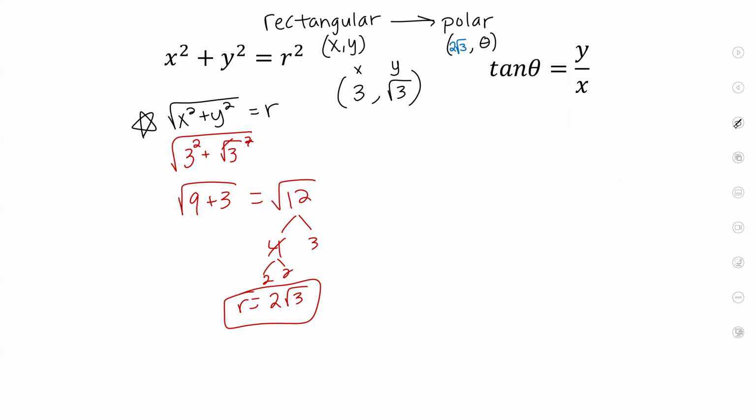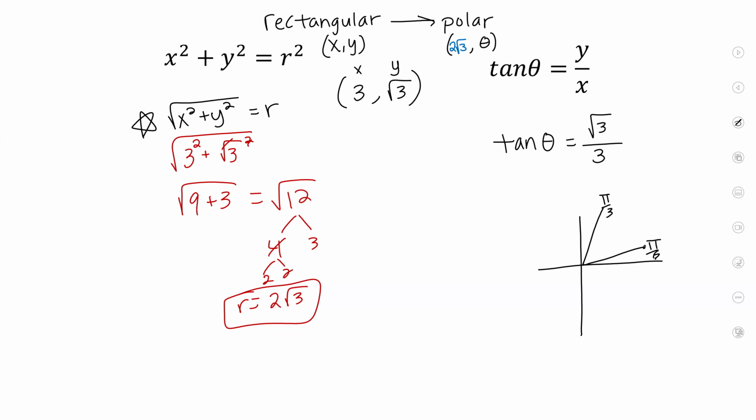Now let's find my angle. This is the formula I use to find the angle. So tangent theta equals my y value, which is square root of 3, over my x value, which is 3. Do you guys remember where tangent is square root of 3 over 3? So here is pi over 3, and this one is pi over 6.